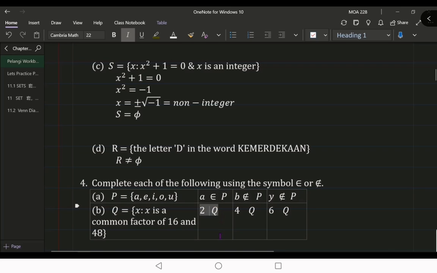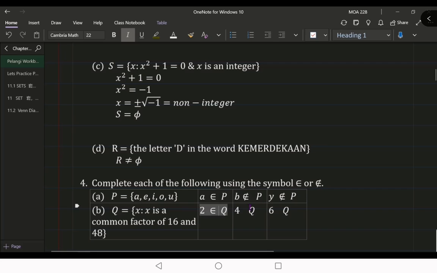Is 2 an element in Q or not? Common factors of 16 and 48. 2 can be a factor of 16 and 48. Yes, because 16 is divisible by 2, and 48 is also divisible by 2. So that is an element.